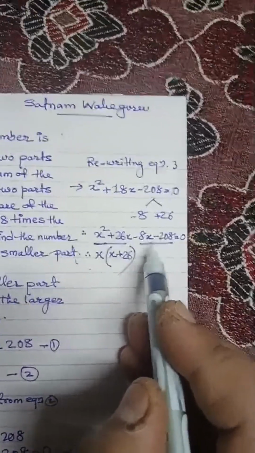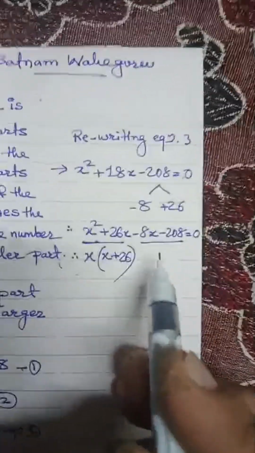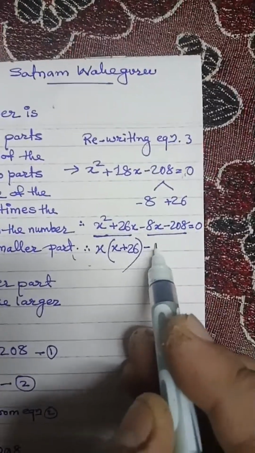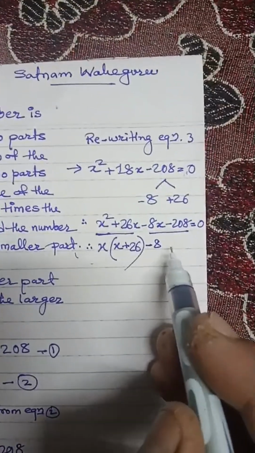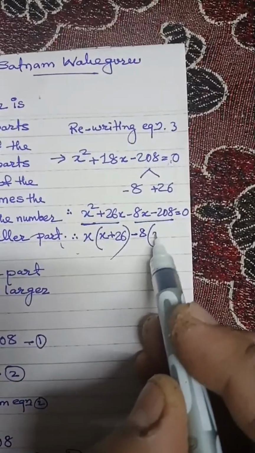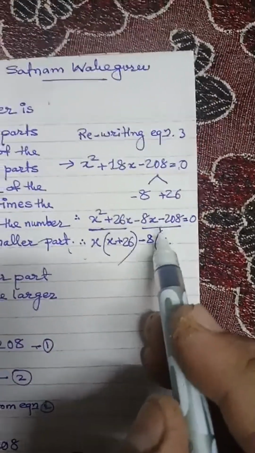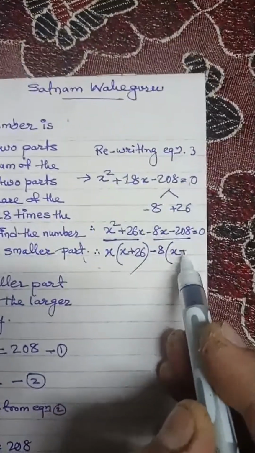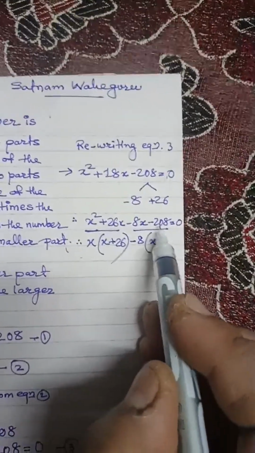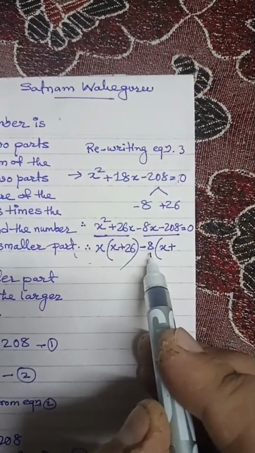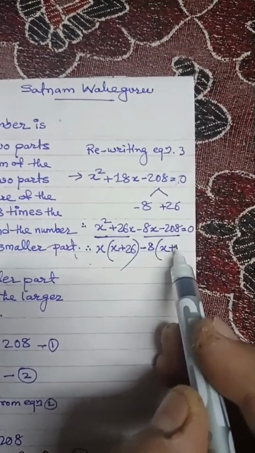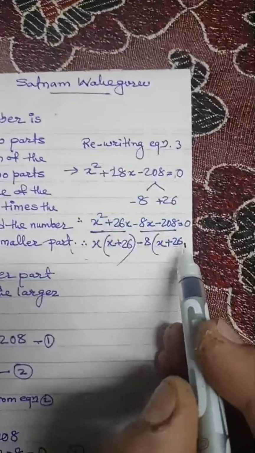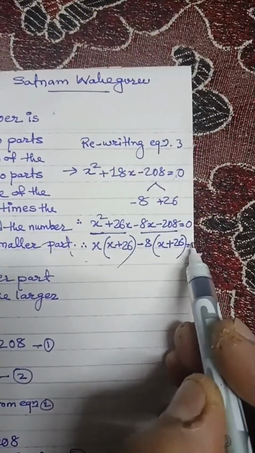Now from the third and fourth term, minus 8 is a common term, and inside the bracket we'll be left with x, and when minus is outside, the inside sign gets changed to positive. And from 208, if 8 is taken as common, 26 remains, because 8 times 26 is 208, equals 0.